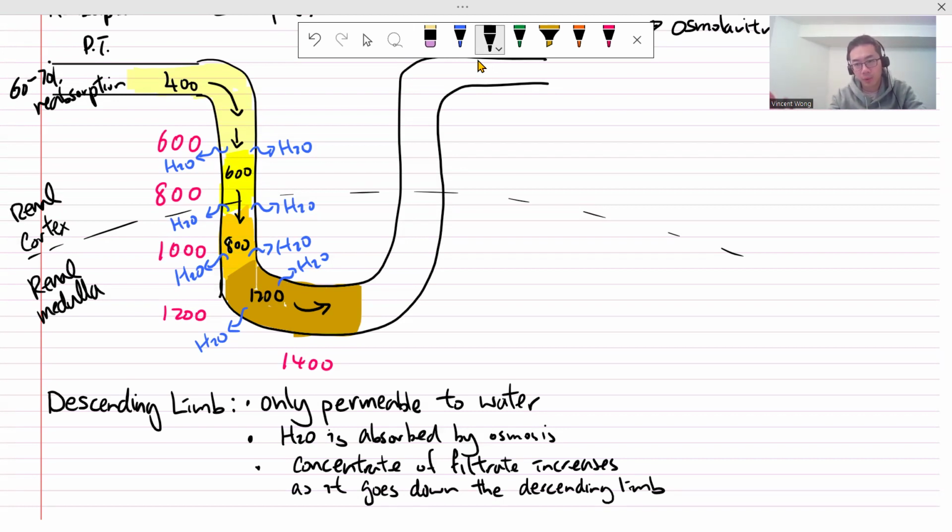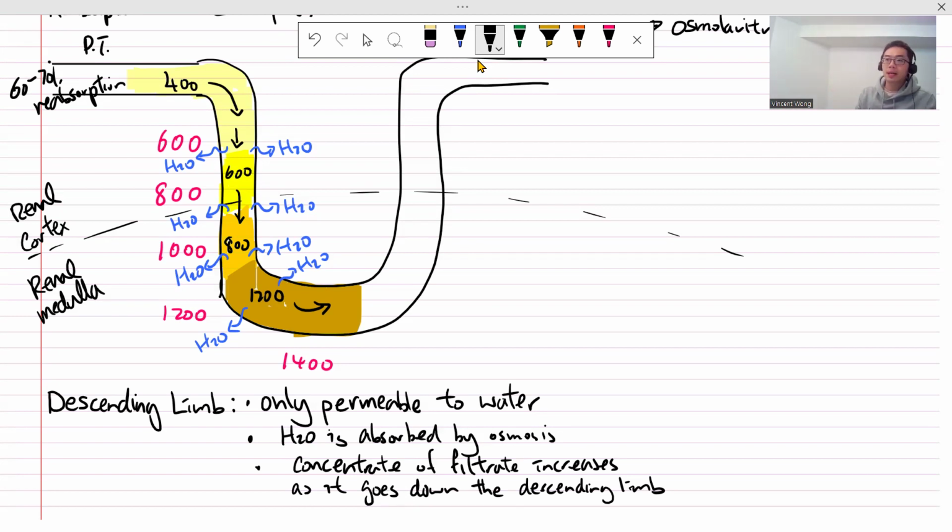Now, we are not the only ones who have kidneys, okay? Mammals, they have kidneys, okay? So if the organism lives in a very dry environment, like the desert or something, they need to conserve more water. A dolphin also has kidneys, okay? They live in a very salty environment and they need to conserve fresh water in the body.